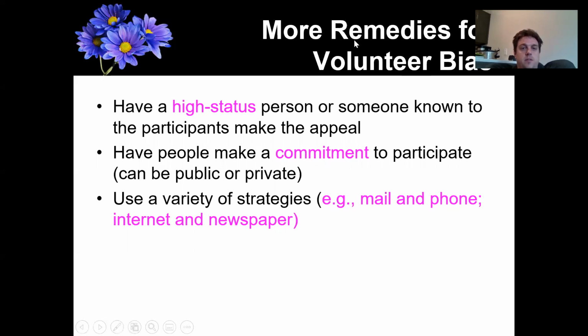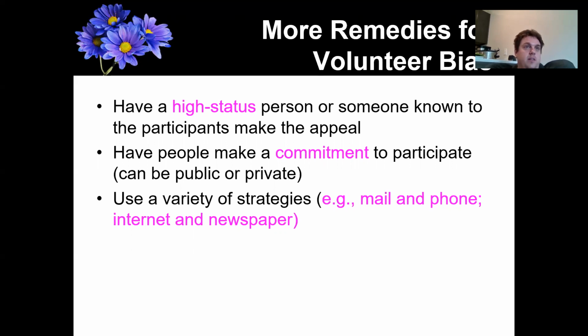A couple other things you can do is having a high status person make the appeal to the participants. If you can find someone important or someone they trust that has outreach to a lot of different people, that can help a lot. If they make a commitment, that tends to help get them to participate.